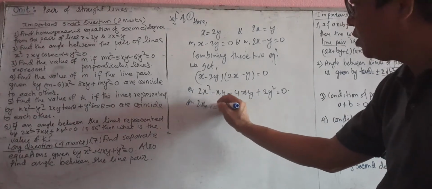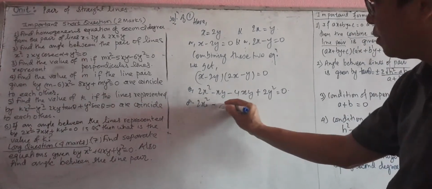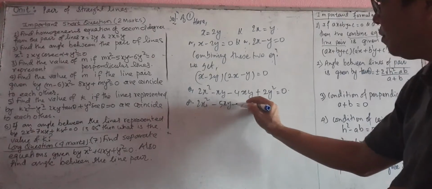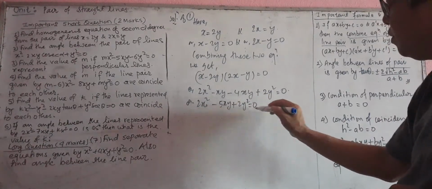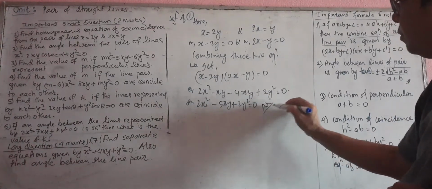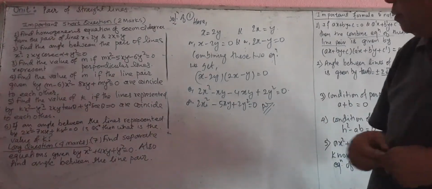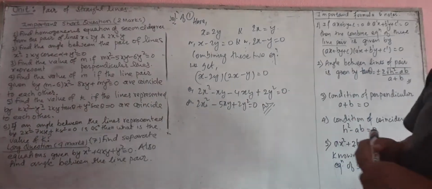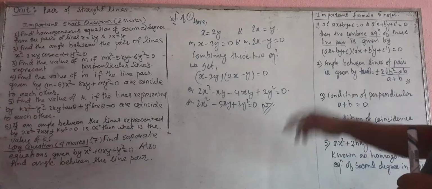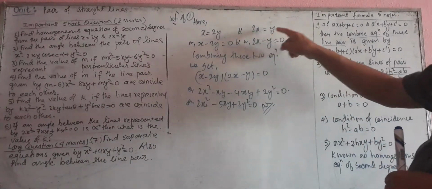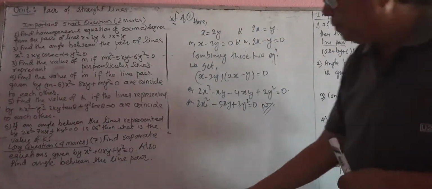So 2x square minus 5xy plus 2y square equal to 0. Okay, this is the required combined equation of the pair of straight lines x equal to 2y and 2x equal to y.